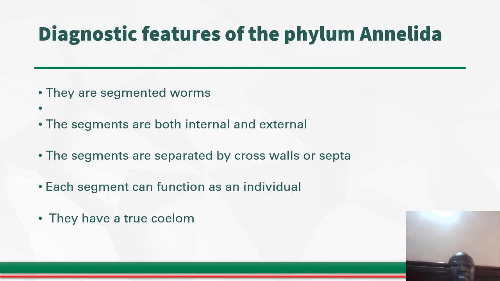The segments are separated by cross walls or septa, so that can be recognized on them. The moment you see some of these characteristics or features, then you recognize them as members of Annelida. Each segment can function as an individual. Despite the fact that they are separated, each individual segment can function. Then they have a true coelom, that is a cavity in them.